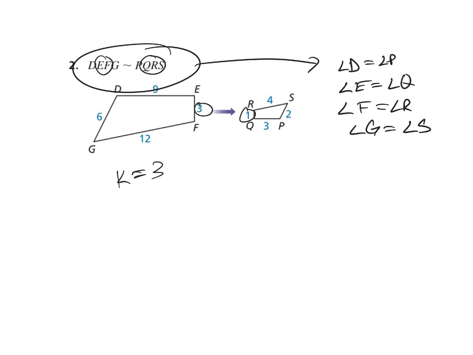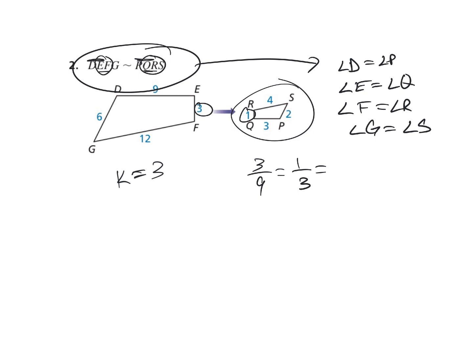And then the numbers, this is a little more difficult. Let's start with the bigger side first. So PQ and DE. PQ is 3, and DE is 9. And then we do QR and EF. QR is 1, EF is 3.